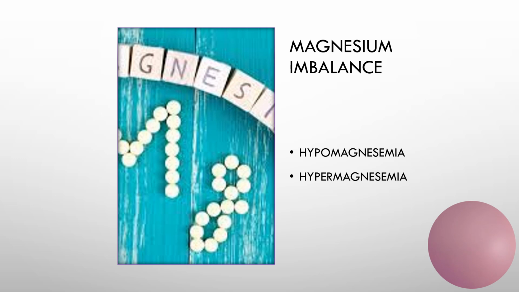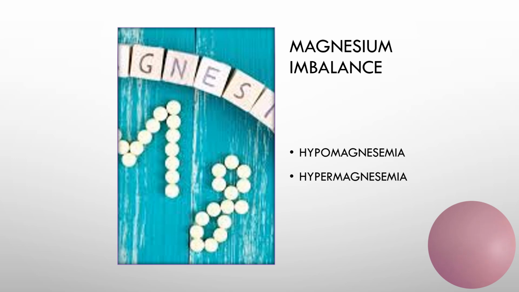Okay, so most common cause in the United States is alcoholism. Additional causes include diabetic ketoacidosis, renal disease, burns, malnutrition, intestinal malabsorption, diureses, and prolonged gastric suction. So these clients may have tachycardia.